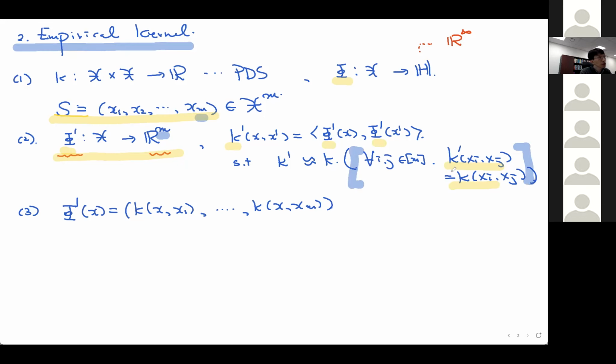To achieve this equality, we can just use the examples in the sample to construct phi prime. So that's one approach. Then we can define k prime of x and x prime as an inner product of these vectors, and this k prime is called the empirical kernel.